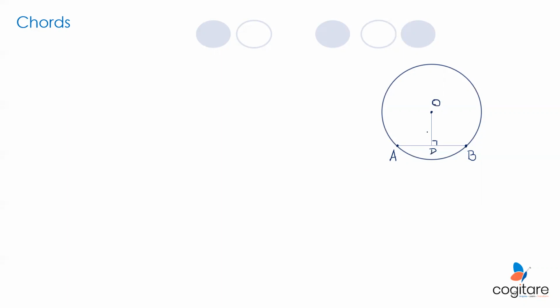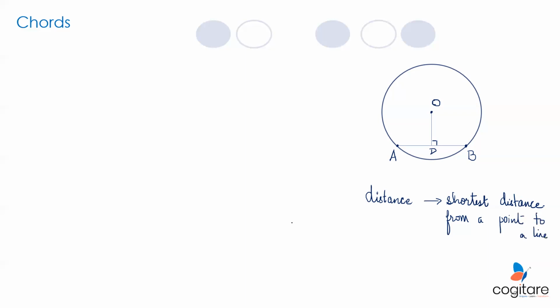Now let's pause here for a minute and understand what we mean by the word distance in geometry. So in geometry, when we use the word distance, we actually mean the shortest distance, the shortest distance from a point to a line.